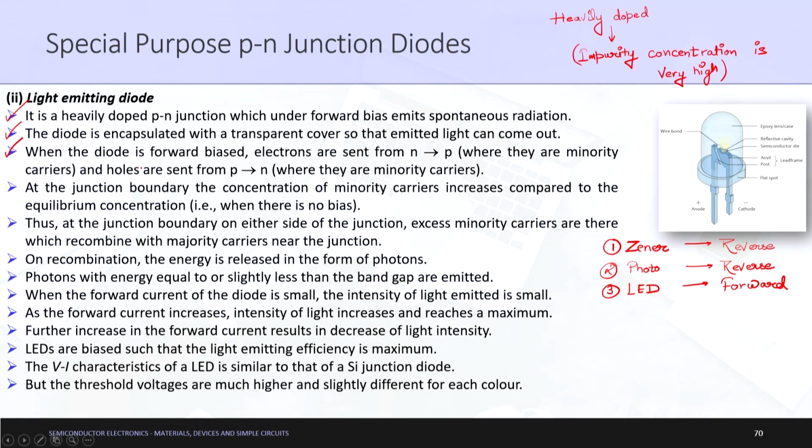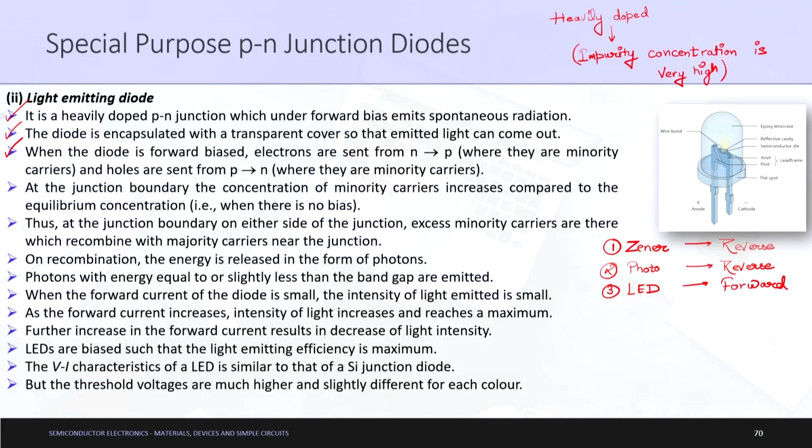When the diode is forward biased, electrons are sent from N to P, quite evident. This is a basic analogy which we understood in the semiconductors, what is happening in forward bias and what is happening in reverse bias. In reverse bias, basically minority charge carrier concentration takes place across the depletion region, and in the forward bias basically the thing which is given here is being talked about.